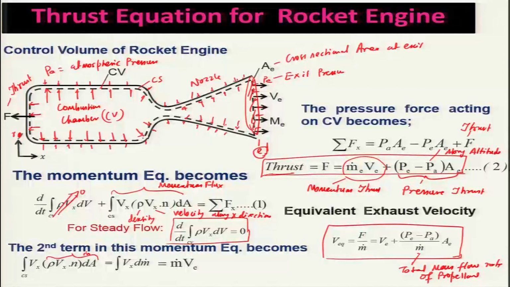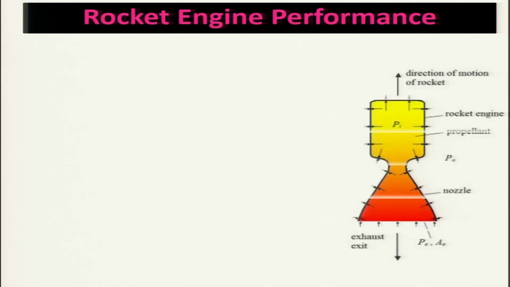Now, we will have to look at the thrust equation a little bit further and see how it can be considered. As I told earlier, the pressure will be acting at all the places here in the nozzle, and this is your atmospheric pressure, and the thrust is opposite to the direction of the momentum of the propellants.